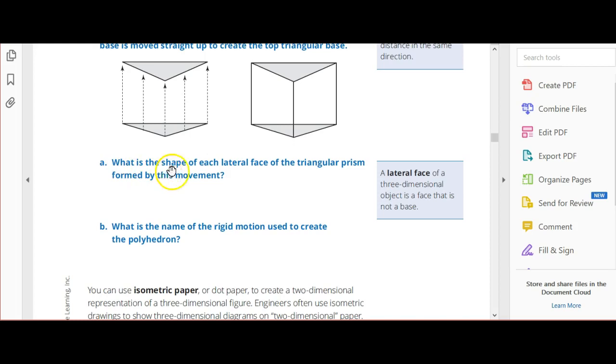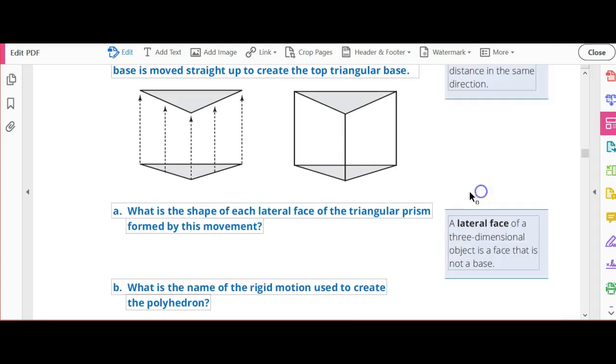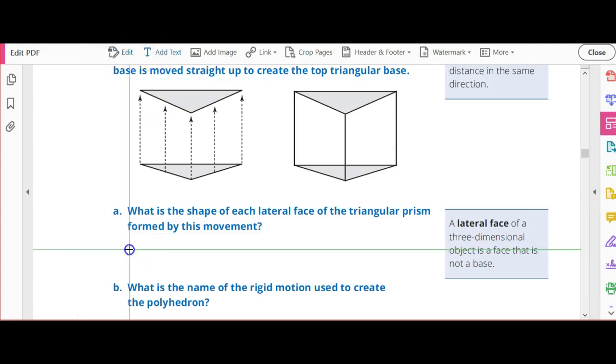Okay, so it asks us this question: what is the shape of each lateral face of the triangular prism formed by this movement? So I'm going to go ahead and just try to put in some answers here, right? So the face of the lateral edge of the prism is, where's my tool to add text? There it is.